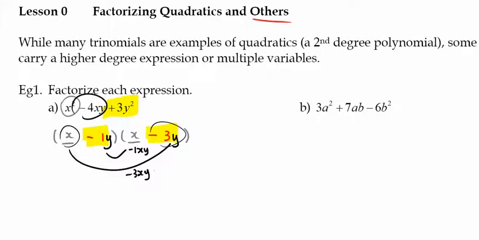So combining these two terms together, the inside and the outside will give us negative 4xy. So this is how we factor a trinomial that comes with more than just x squared and x. If it comes with a y squared at the end, make sure you factorize your trinomial in a similar way.